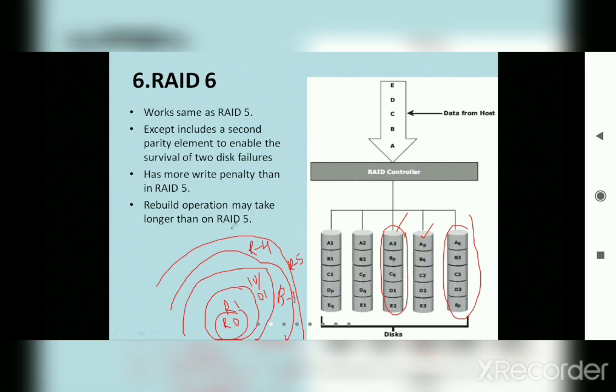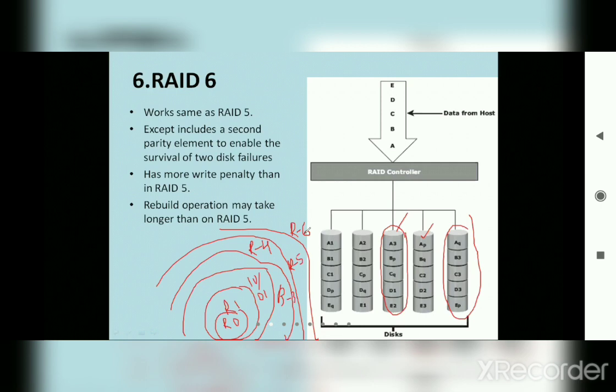For that purpose we are using the RAID 6 level. So this is how disk operations and recovery of data are done. The current level to recover lost data is RAID 6.